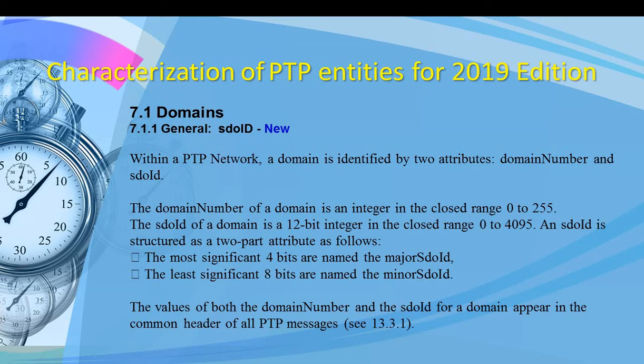Chapter 7, regarding the PTP domain, introduced a new item called SDOID. This part is new. The 2008 version only had the domain, but here SDOID is introduced. It includes two parts.